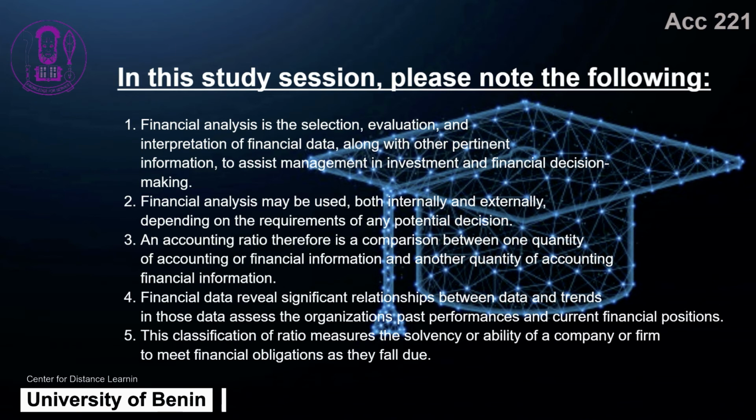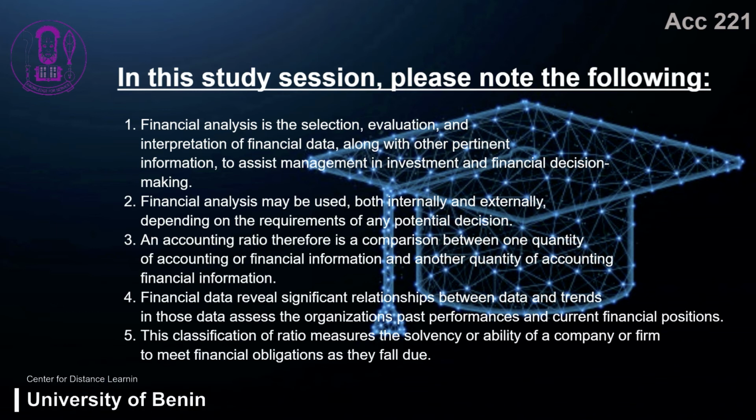An accounting ratio, therefore, is a comparison between one quantity of accounting or financial information and another quantity of accounting financial information. 4. Financial data reveal significant relationships, and trends in those data assess the organization's past performances and current financial positions. 5. This classification of ratio measures the solvency, or ability of a company or firm to meet financial obligations as they fall due.